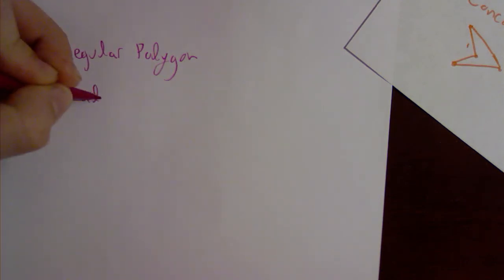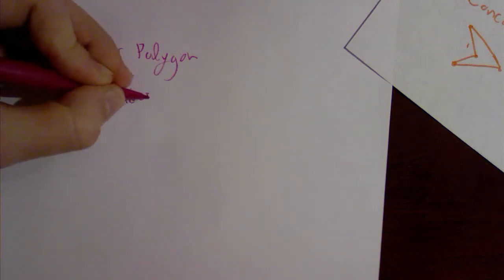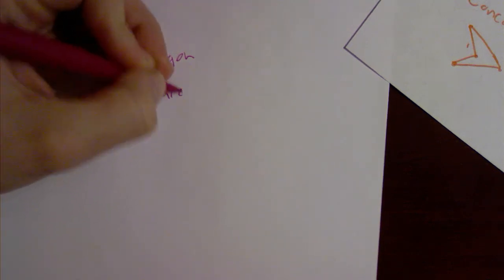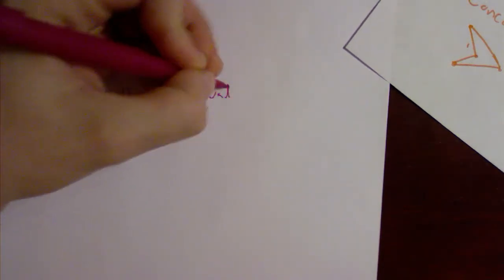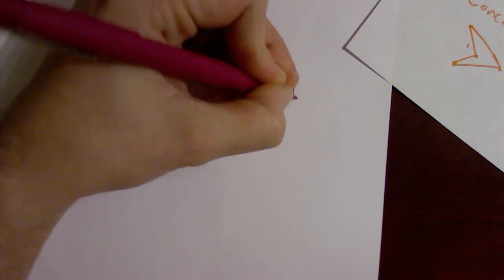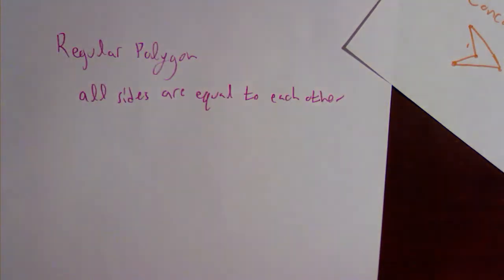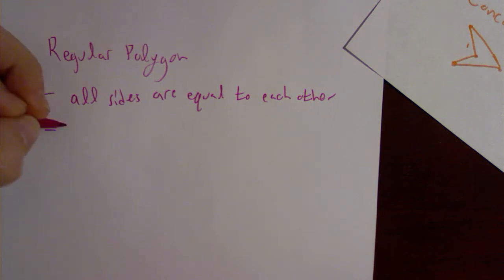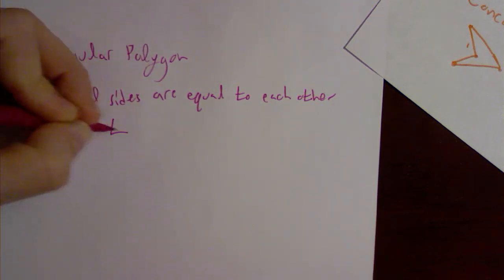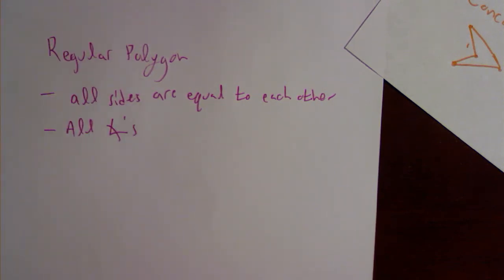So all sides are equal to each other, and all angles are equal.